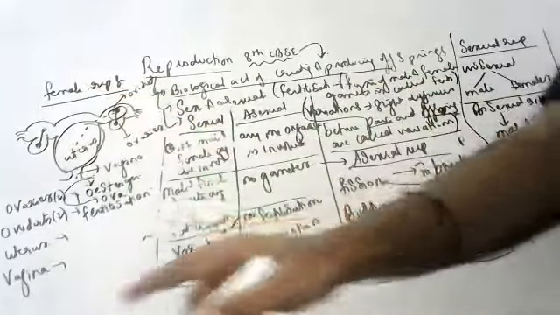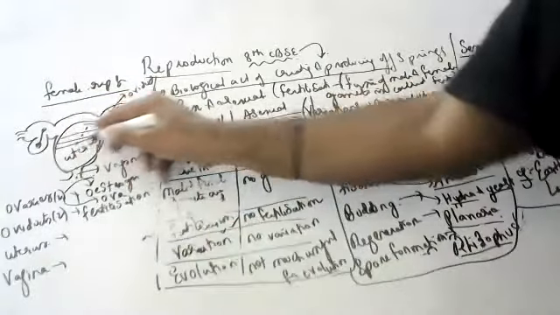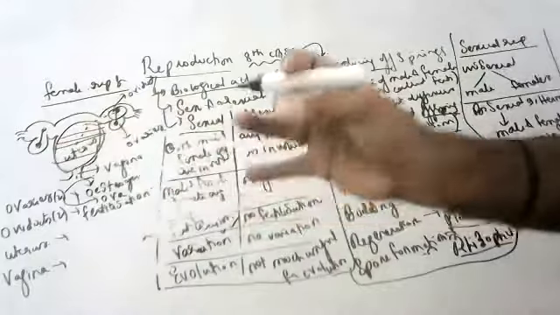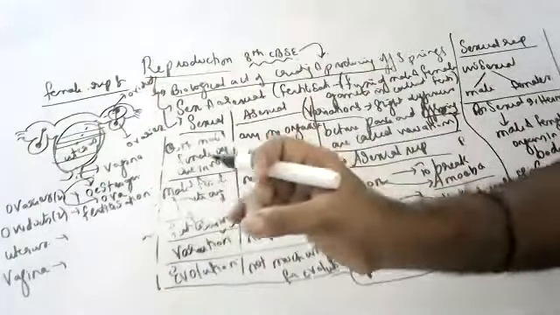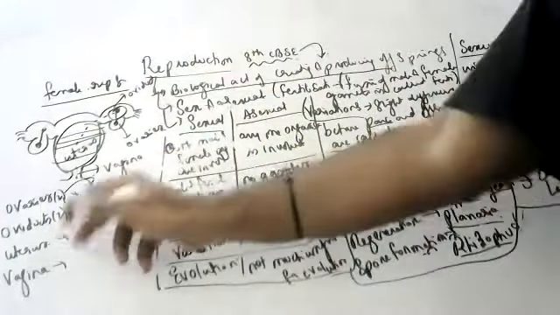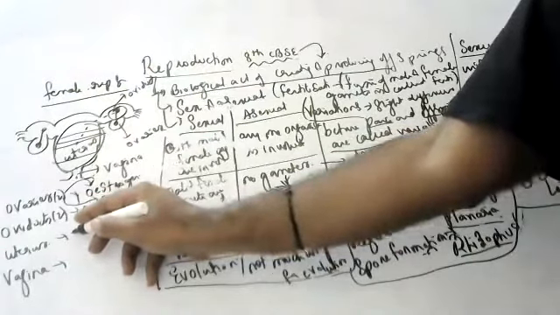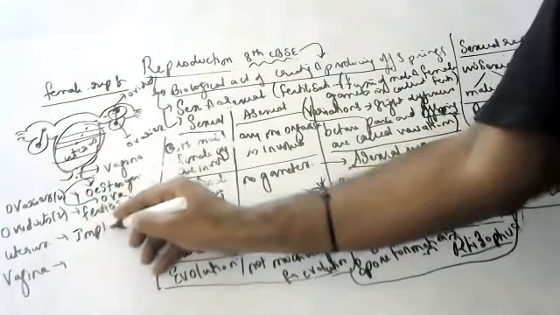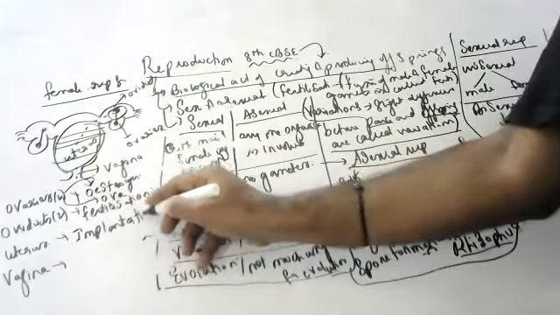Uterus. Thinking that fertilization occurs every month, uterus prepares a bed, a soft cushion-like structure for the zygote to get implanted. So in uterus, what happens? Implantation occurs. Can anyone define what is implantation?